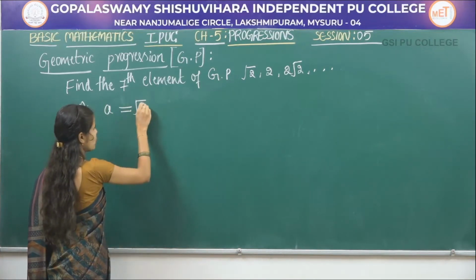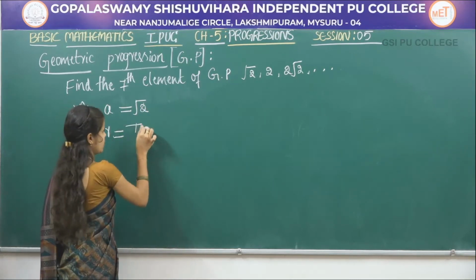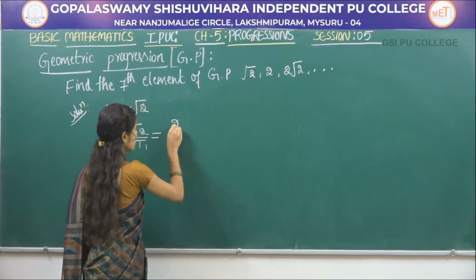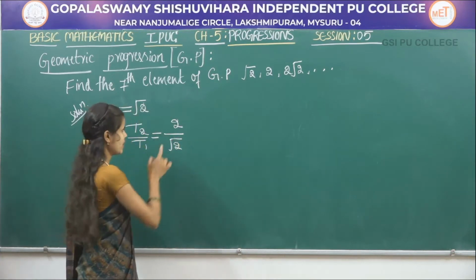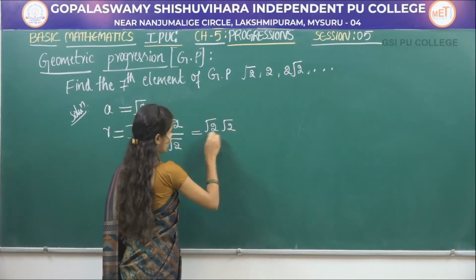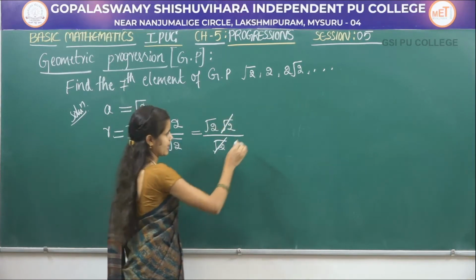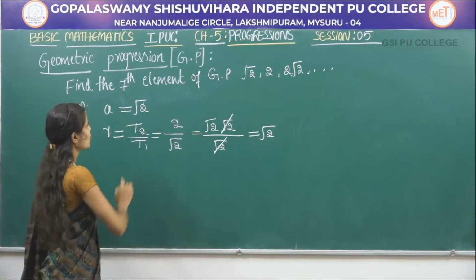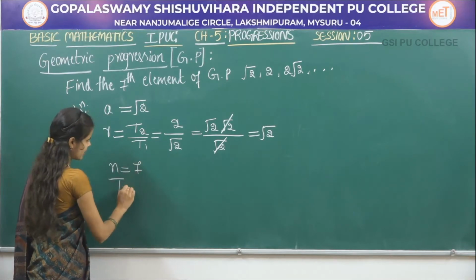R is T2 divided by T1. T2 is 2, and T1 is root 2. Here 2 can be written as root 2 into root 2, divided by root 2, so root 2 gets cancelled and the remaining term is root 2. Therefore R is equal to root 2. We want the 7th element, so n is equal to 7. We want T7.